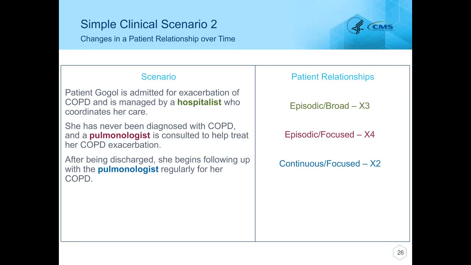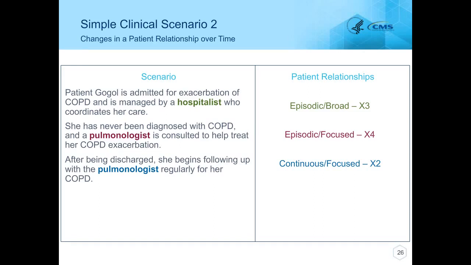In green, we will highlight the hospitalist who is taking care of the patient over the acute exacerbation. So this is episodic. The hospitalist will coordinate the care and discuss the treatment plan with the other specialists using a broad-based type of interaction.